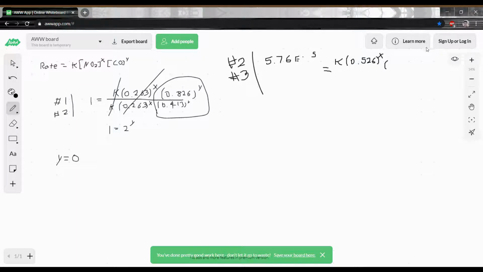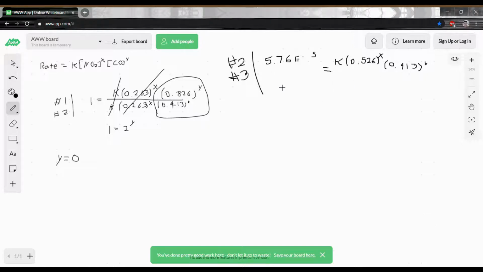Maybe I can move this. I cannot. That concentration is going to be 0.413. And that's going to be raised to the y power.